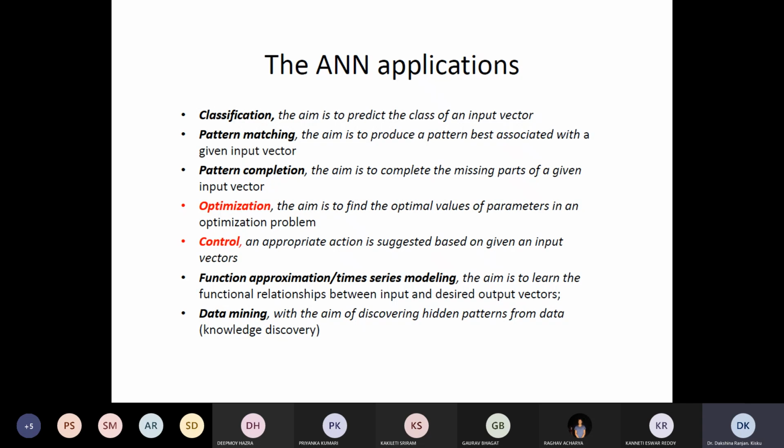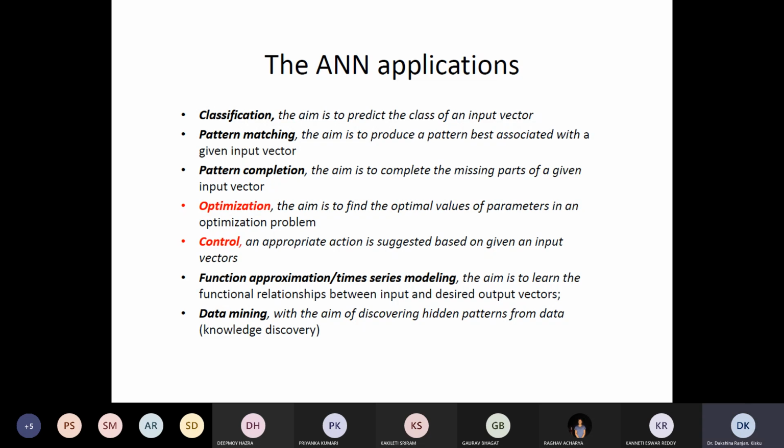Artificial neural networks are also known as universal function approximators. That means we can use any nonlinear functions for approximation.